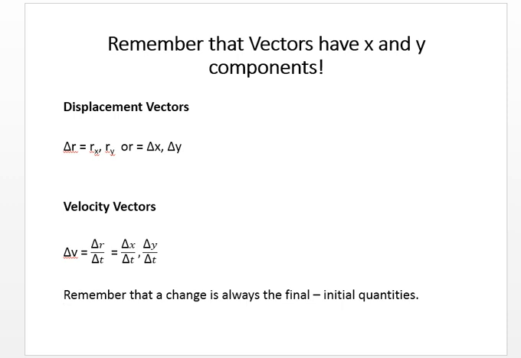So if I want the velocity x component, I would take the delta x from up here and divide it by the time it took to move from point 1 to point 2 on the x-axis. And then to find the Vy component, I would take the y displacement vector and divide it by the same time. Remember that when we find a change in anything, it's always the final minus the initial. So we want to start at the first point and go to the second point. The second point minus the first point would give you the change.